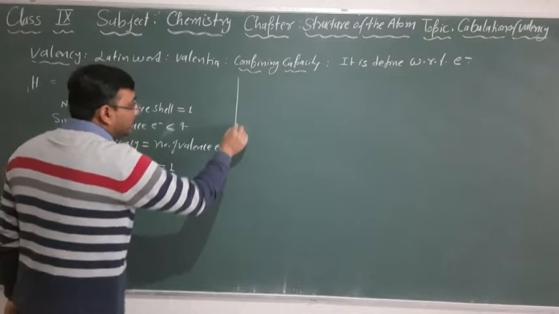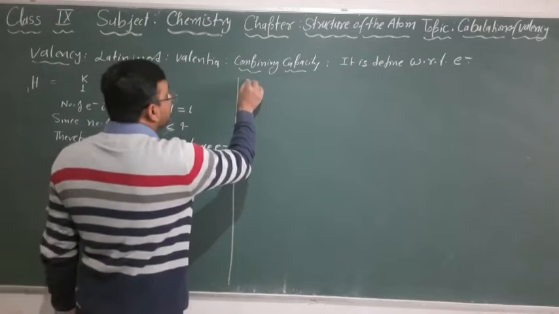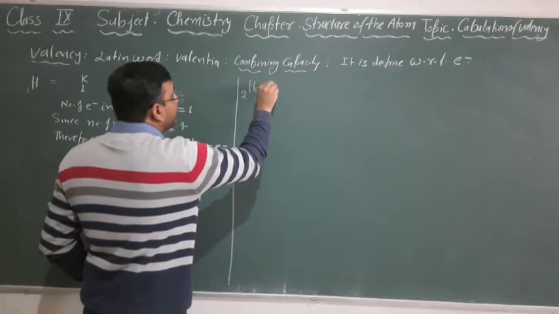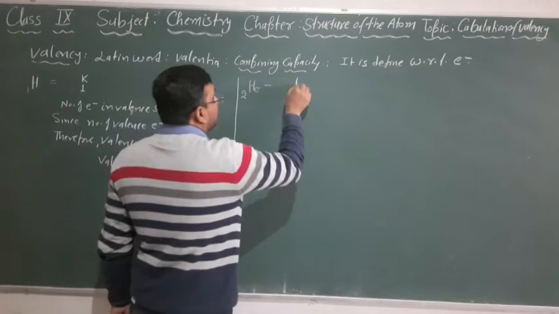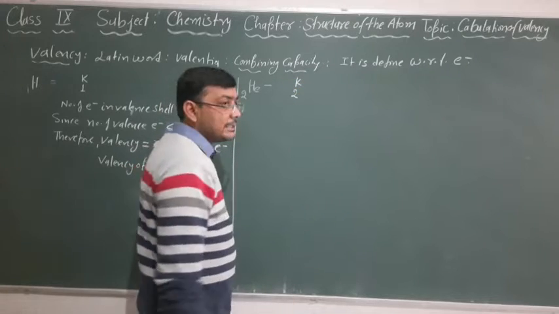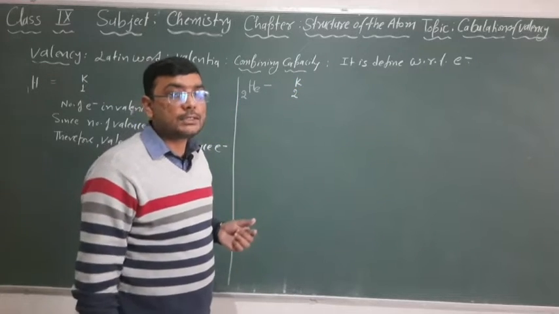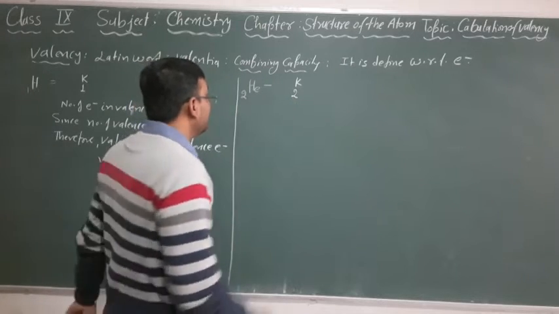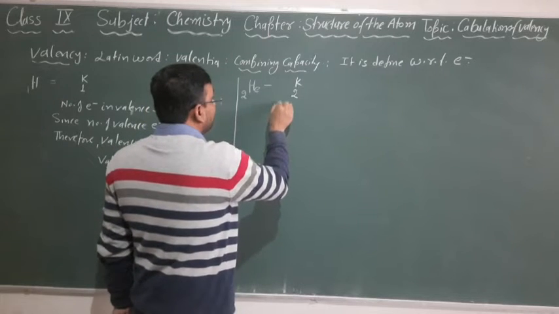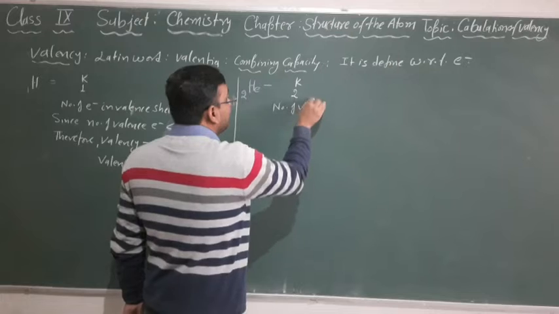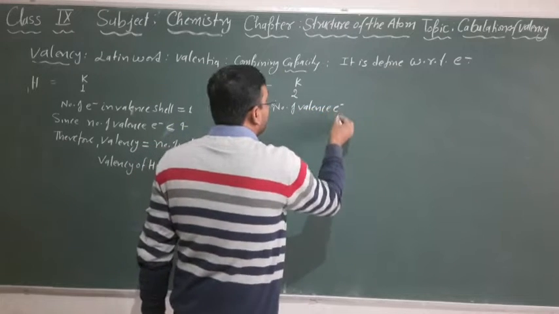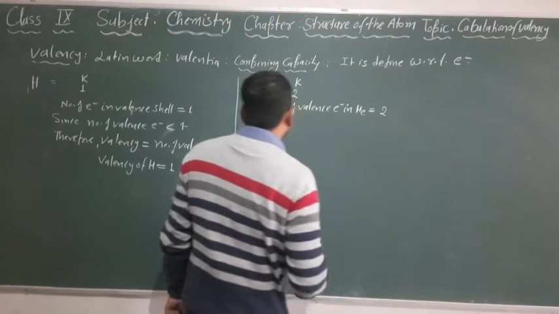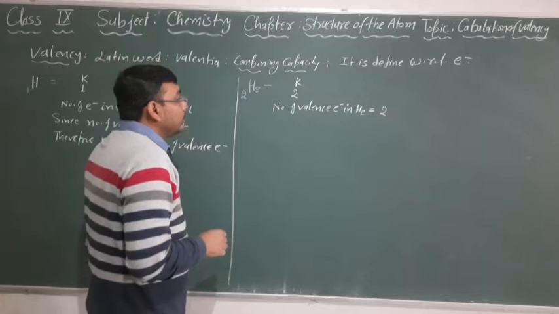Now second is helium, atomic number 2. So K shell, and K shell has the maximum accommodation ability of 2 electrons. So 2 electrons will go in the K shell. Now here the number of valence electrons in helium is equal to 2.